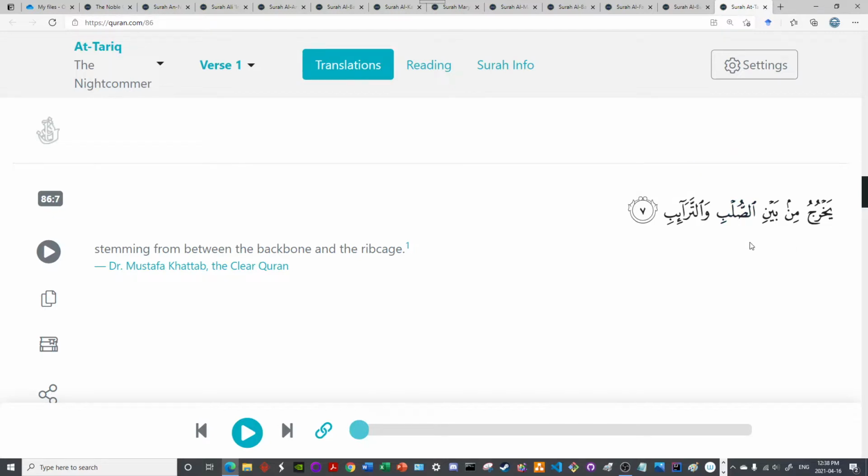Next word is as-sulbi. Without a certain addition, and I will not specify, it is sulbi. So without the addition, it is sulbi. With the addition, it is as-sulbi. You should know by now what this means.